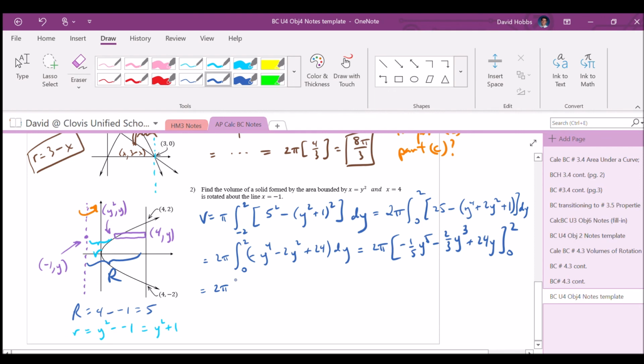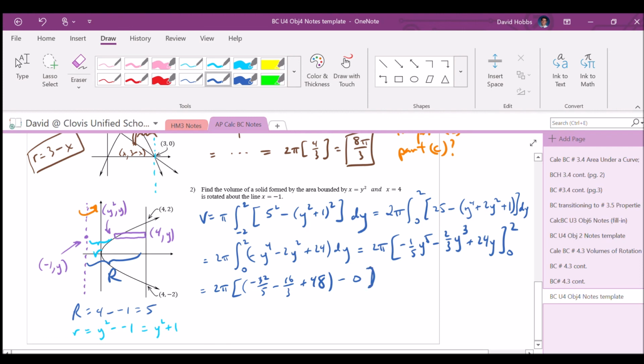So 2 pi, and plugging in 2's, I get negative 32/5, and plugging in the 2 here, I get 8 times the negative 2/3, so negative 16/3, and plugging in the 2 here, I get plus 48, and if I plug in zeros, I get all zeros.